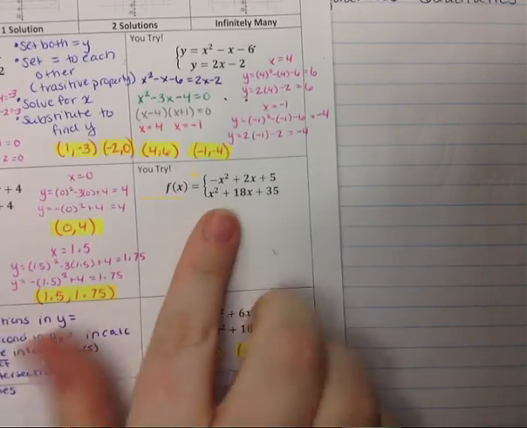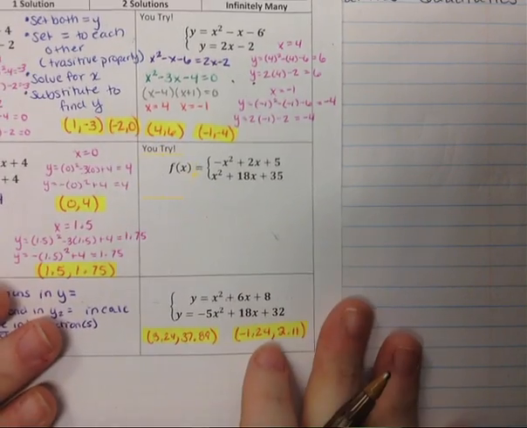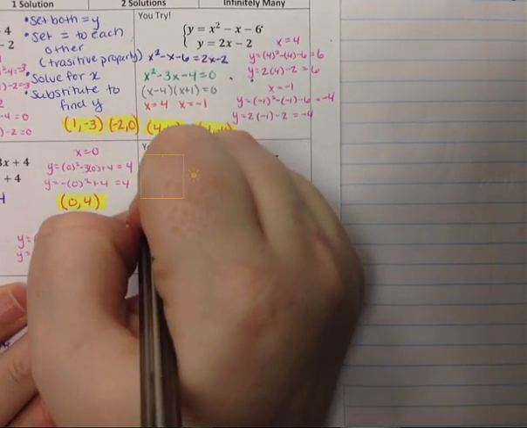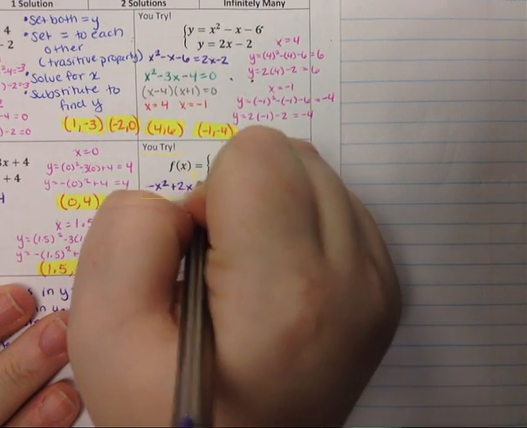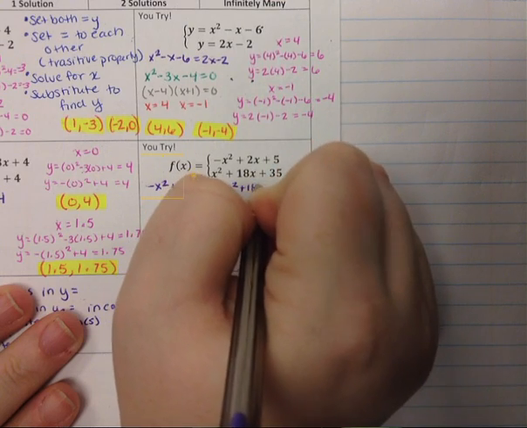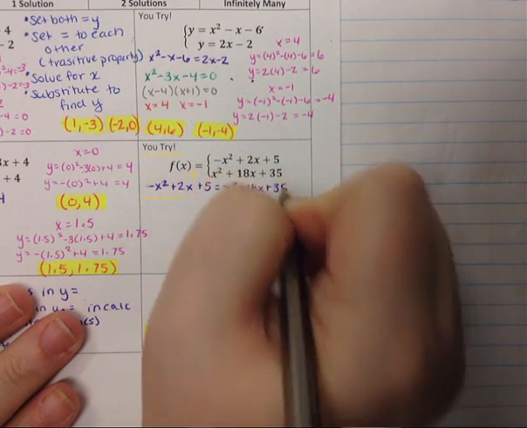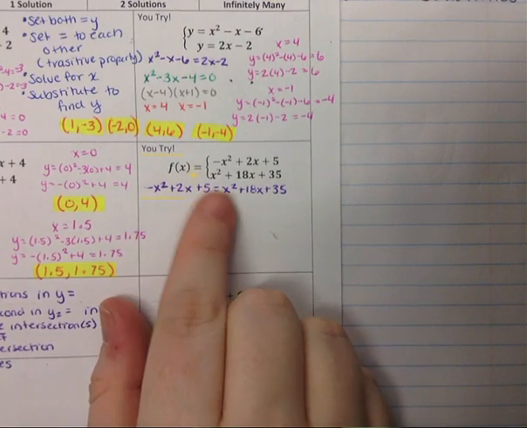So coming down here, we're going to do this problem by hand again. So this is 2 quadratics. We have -x squared plus 2x plus 5 equals x squared plus 18x plus 35. On this one, I have a -x squared and a +x squared.